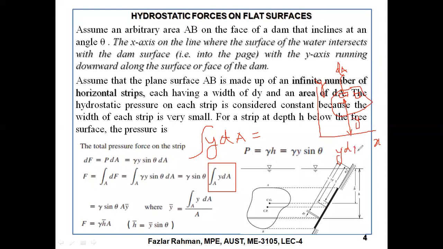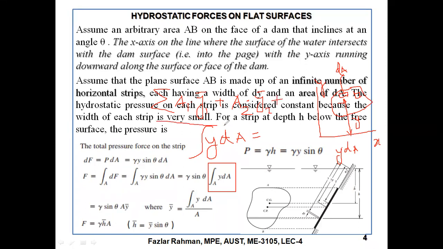So y times dA gives the moment of area. If you take all of them, you get the summation of area 1 times y bar, the ycg of area 1, plus area 2 times y bar, the ycg of area 2, and so on.